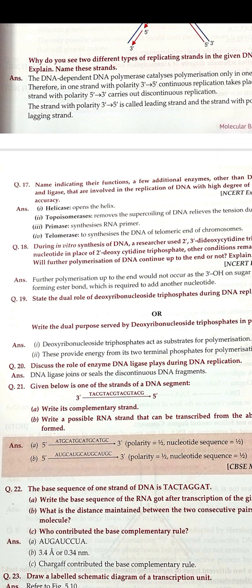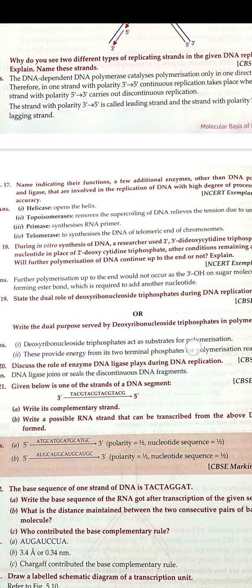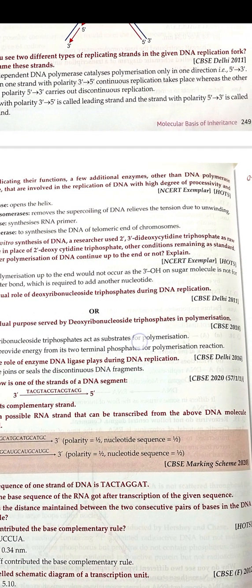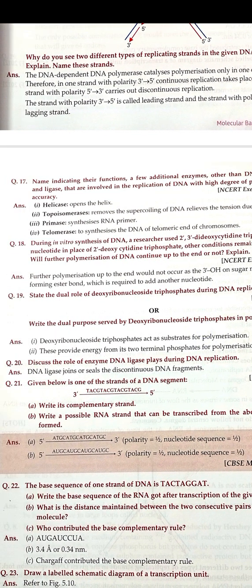Helicase helps in opening the helix. Second, topoisomerase removes the supercoiling of DNA, relieves the tension due to unwinding. Third is primase, which helps in synthesis of RNA primer. Fourth, telomerase synthesizes the DNA of the telomeric end of chromosomes.